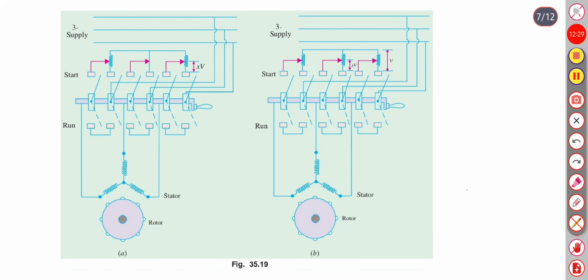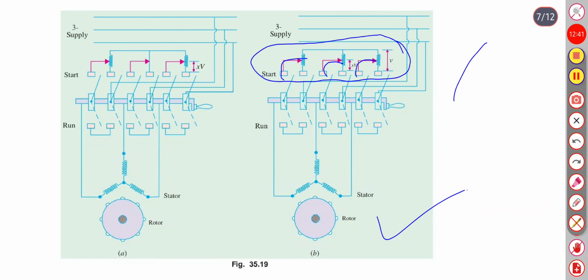So this is the arrangement shown to start a 3-phase induction motor. This is the set of auto transformer with 3 windings. Tapping is taken from this. One double throw switch is used. If the switch is at upper position, the contacts will connect this auto transformer at the time of starting.